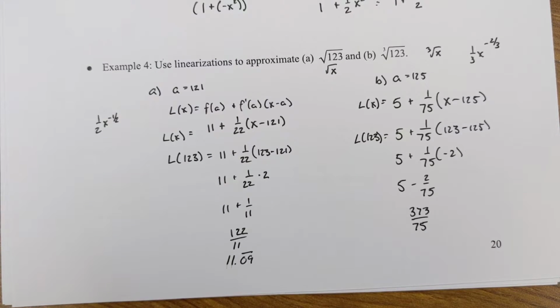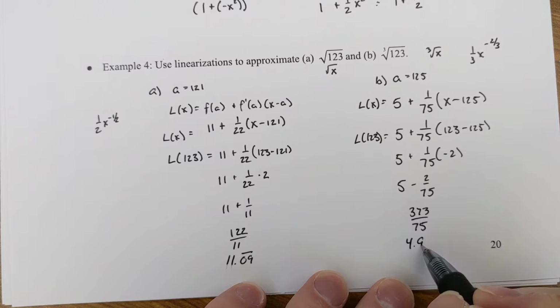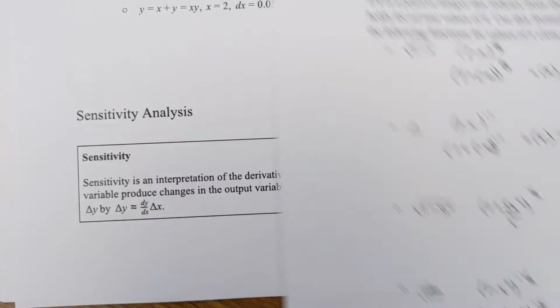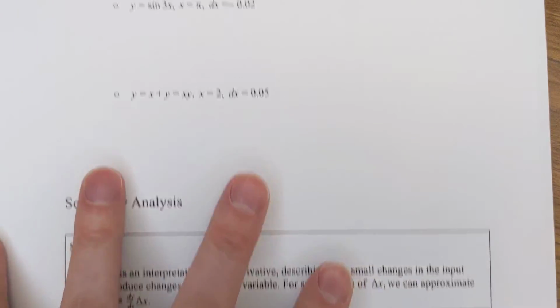Or as a decimal, that's 4.973 repeating. So this is actually how we did square roots and cube roots a long time ago.